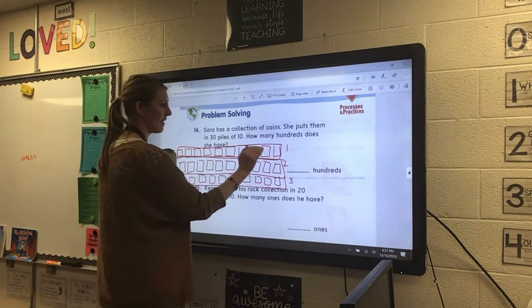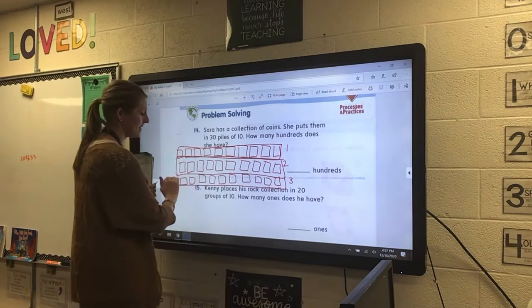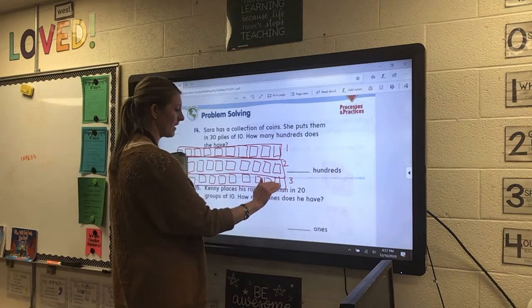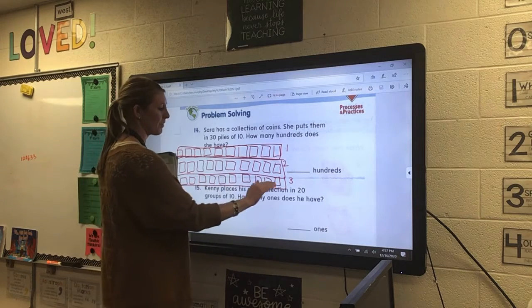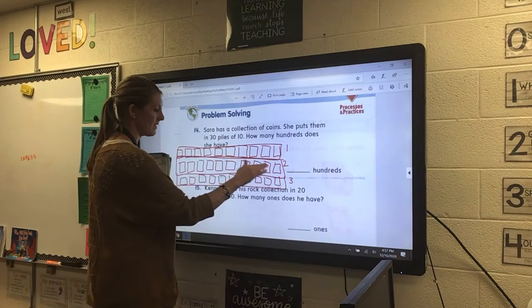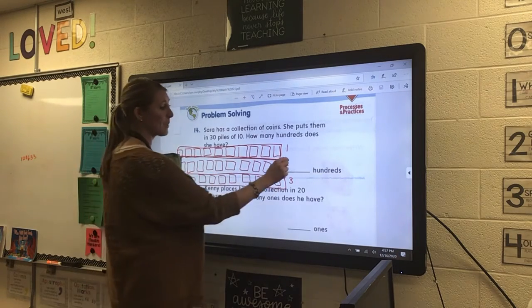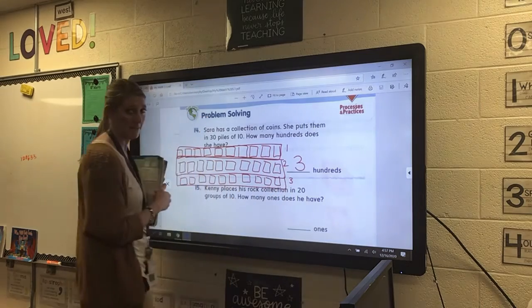So this is 10 piles of 10. This is another 10 piles of 10. And this is a third pile of 10. So if I got 10, 20, 30 piles of 10, that's equal to 300.